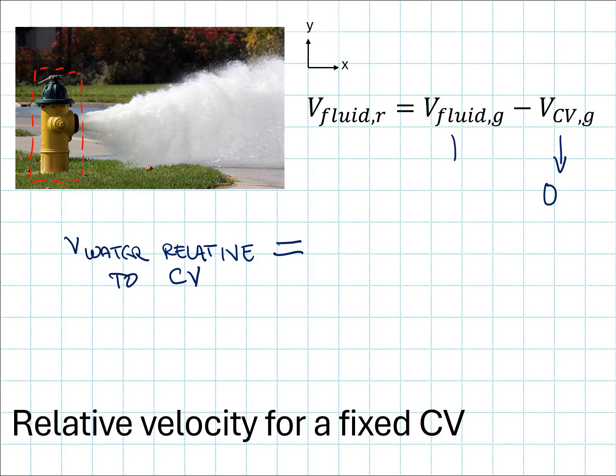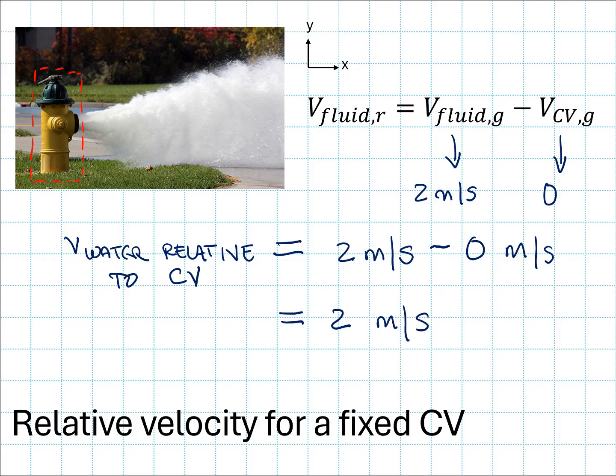So let's say that my velocity of the fluid is moving at a rate of 2 meters per second relative to the ground. Then I know that my water relative to the control volume is the 2 meters per second that the water is moving relative to the ground minus the speed of my control volume. And my relative velocity in this case is the same as the velocity relative to the ground, 2 meters per second.